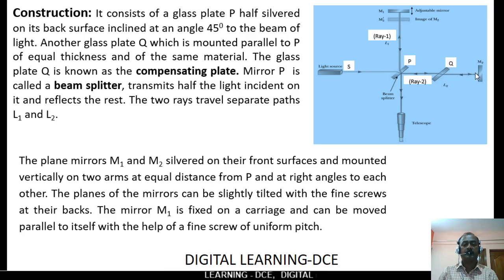The planes of the mirrors can be slightly tilted with fine screws at their backs. There is a micrometer screw at the back side of both the mirrors M1 and M2. The mirror M1 is fixed on a carriage and can be moved parallel to itself with the help of a fine screw of uniform pitch.